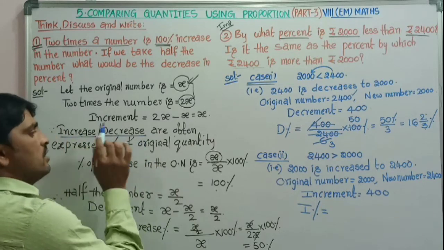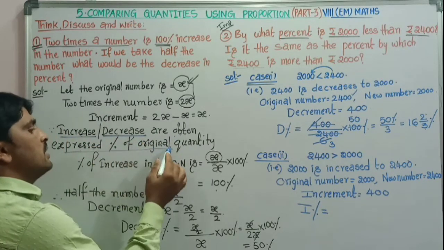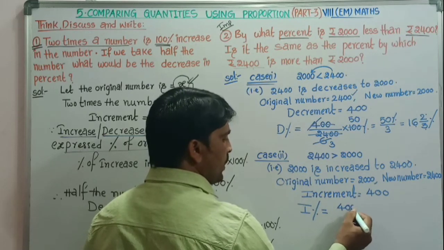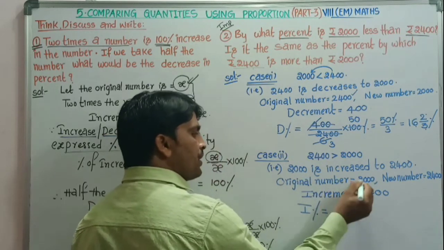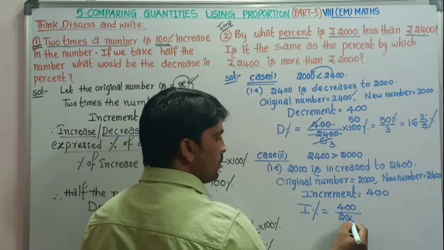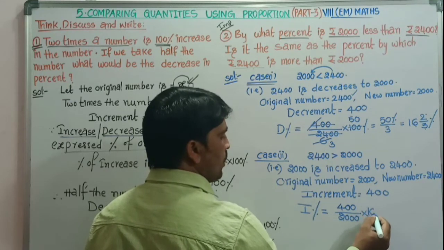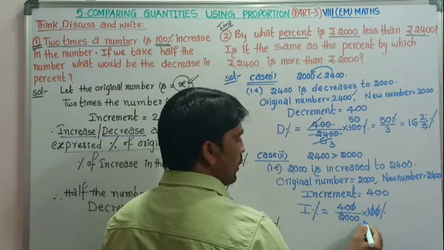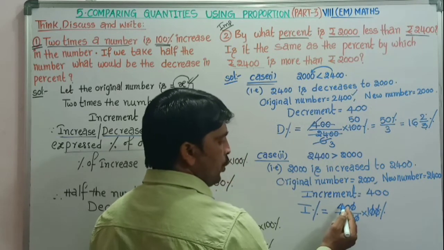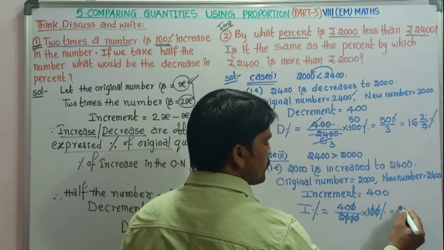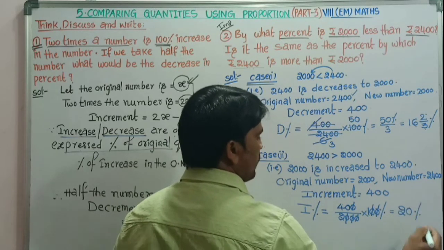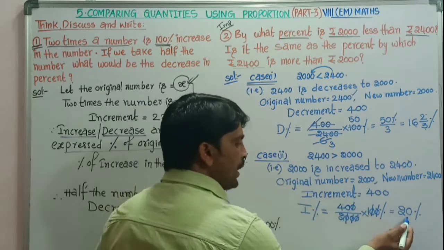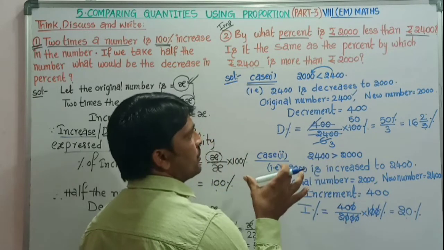Since increases are often expressed as a percentage of the original quantity, the increment is 400 over the original quantity 2000, into 100%. Three zeros cut, 40 by 2, that is 20%. Yes, 2400 is 20% more than 2000.